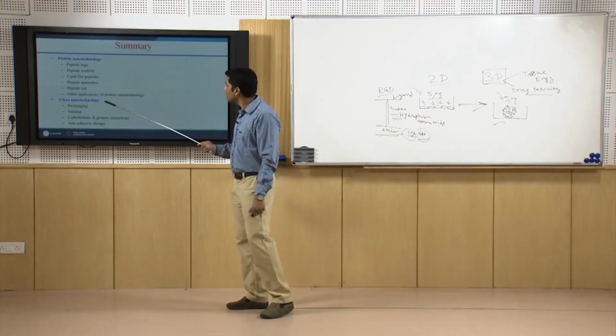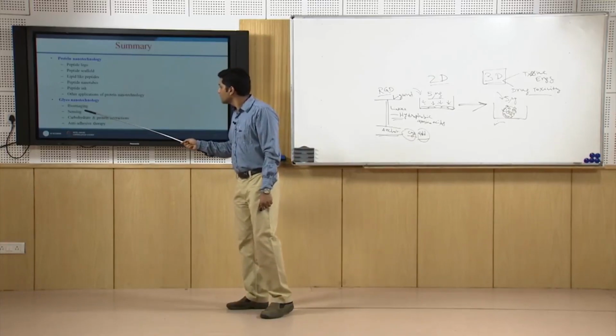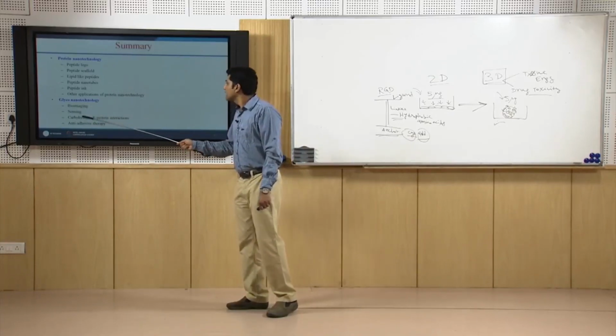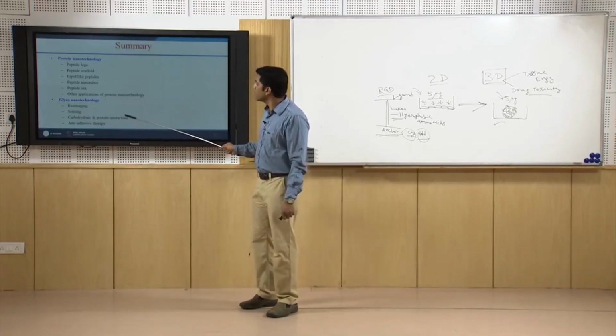And under the glyco nanotechnology we have learnt how we can use this for bioimaging application and also for sensing and cancer therapy as well as other applications for understanding the carbohydrate and protein interactions.